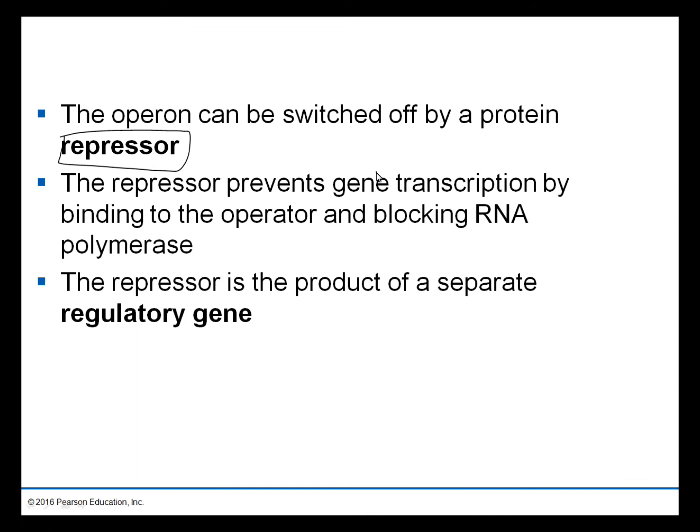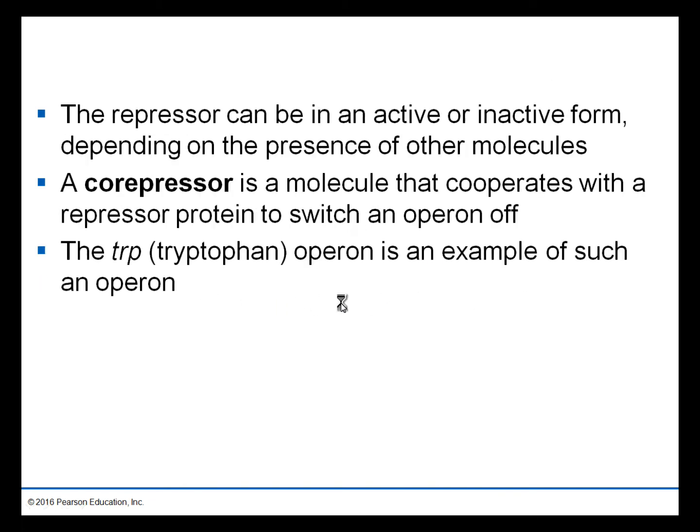The repressor binds to the DNA of the operon and blocks the RNA polymerase, which is necessary for the transcription of the RNA. If the repressor binds to the operator, then it stops the transcription. And this repressor is usually the product of a separate regulatory gene.